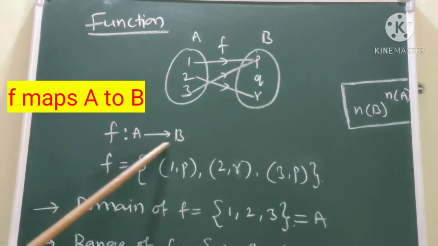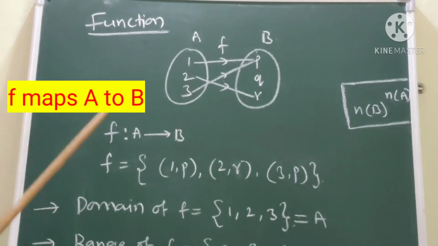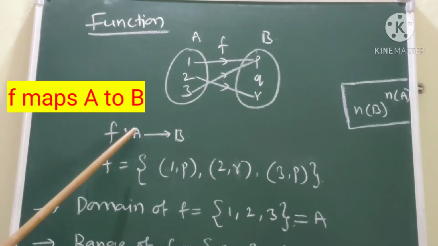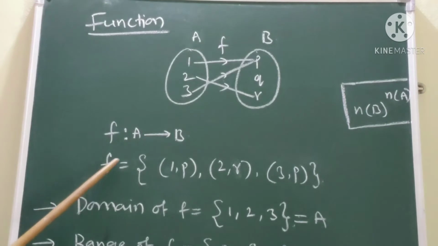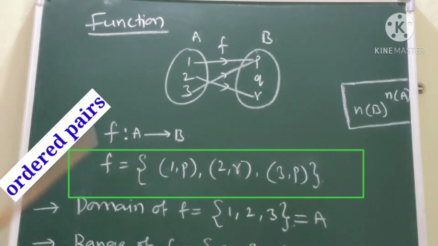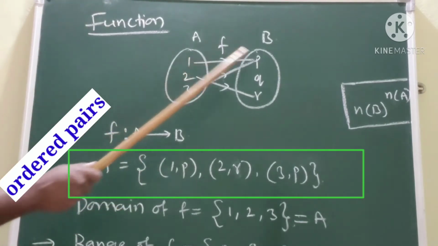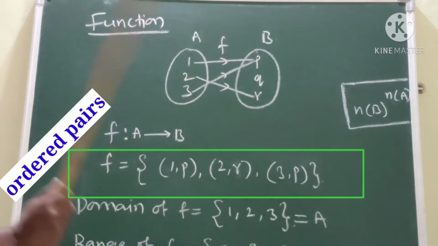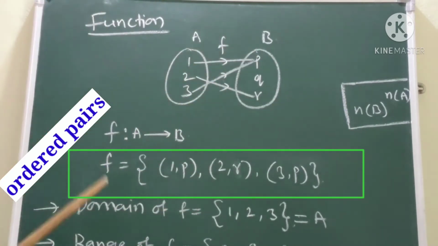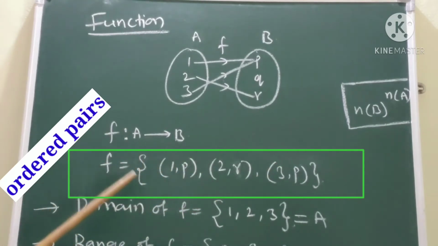And this is the symbol of a function. Here F is the relation, capital A is the first set, capital B is the second set. Now this function can be written as F is equal to the set of ordered pairs. What are the ordered pairs? 1 comma P, 2 comma R, 3 comma P. Here also we have to check whether this relation is a function or not.